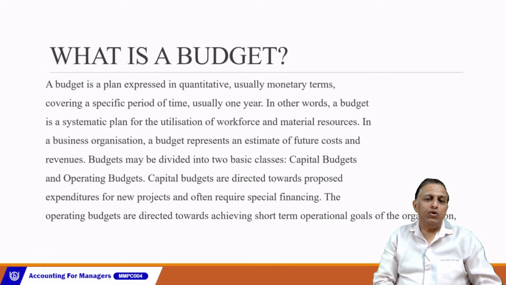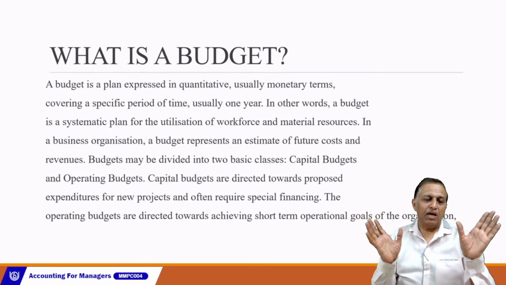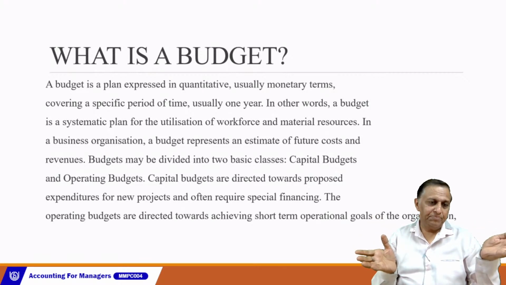Budgets may be divided into two basic classes, capital budgets and operating budgets. Capital budgets are directed towards proposed expenditure for new projects and often require special financing, because with capital budgets we are not doing it every day.